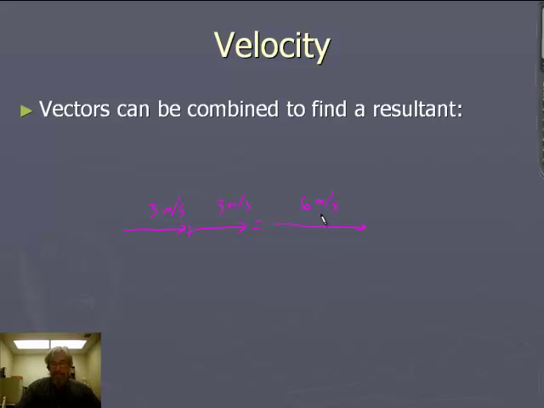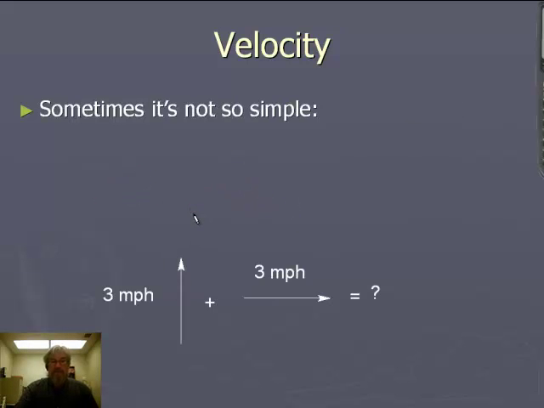If the ball was going backwards this way, 3 meters per second, and the truck was moving this way, 3 meters per second, well, when you add these 2 together, you get nothing. So the ball, compared with the ground, just falls straight down, has no speed. Here, they're not going in the same axis at all, and so that makes things slightly more complex. But we can use some tricks from geometry to add this kind of stuff together.